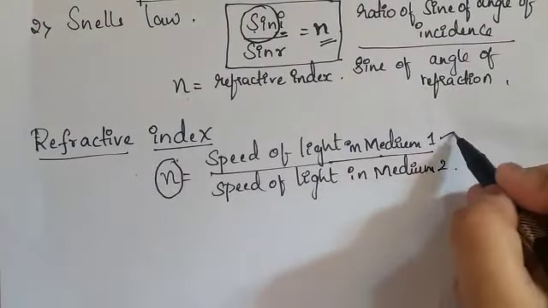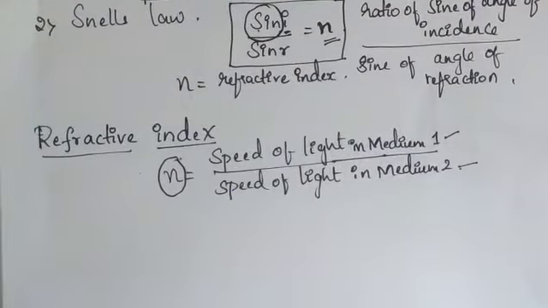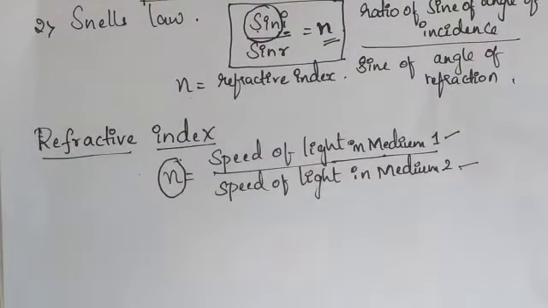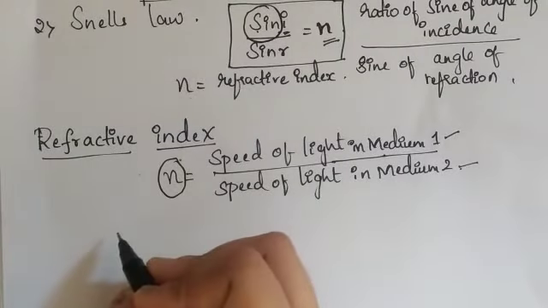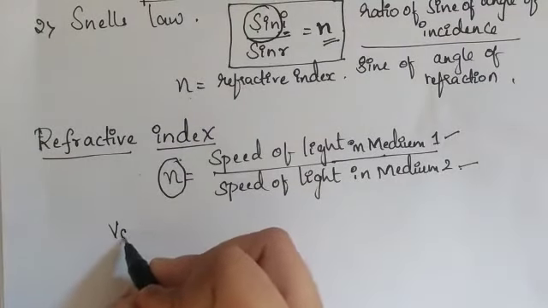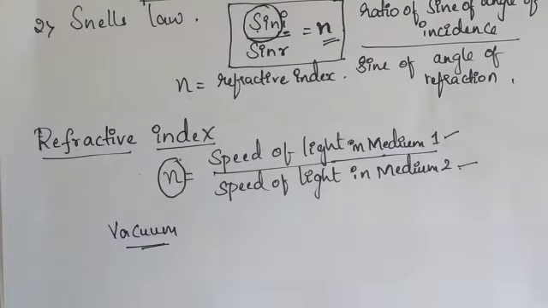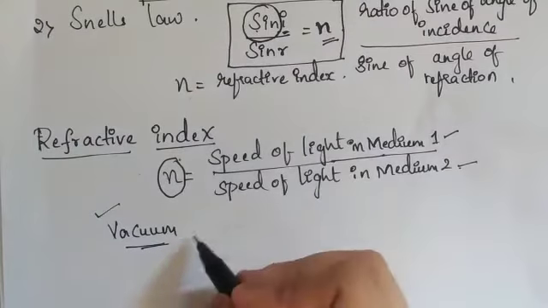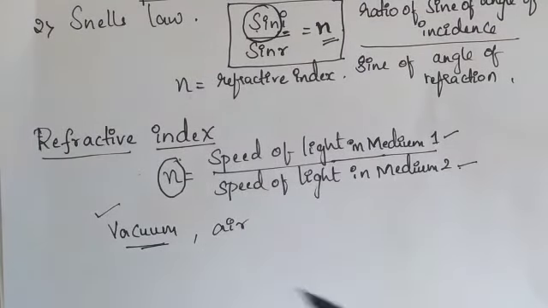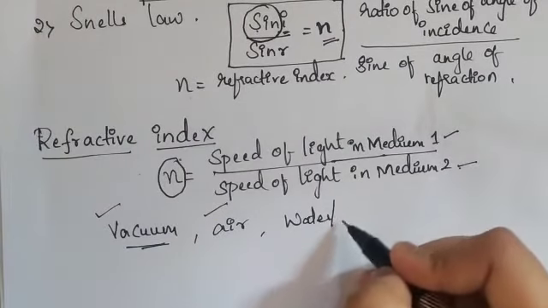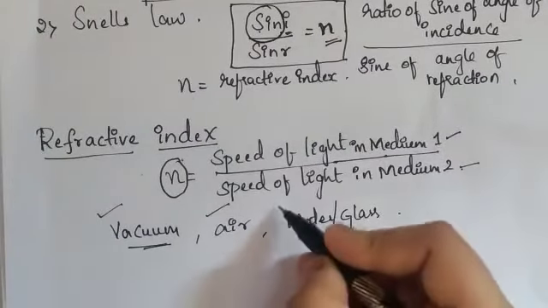So what are medium 1 and medium 2? There are different mediums: rarer medium and denser medium. A very important thing is where the speed of light is more. Light travels faster in vacuum compared to air, and faster in air compared to water or glass. This is the order of the speed of light.